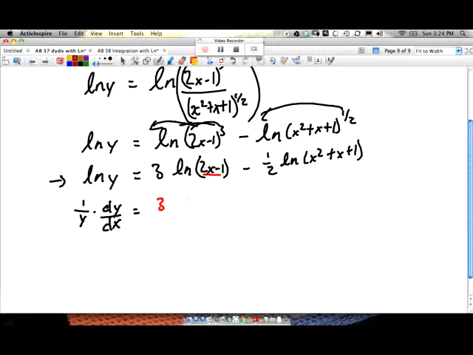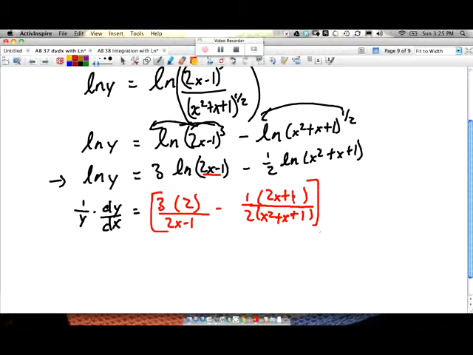The derivative of natural log of 2x minus 1 is going to have a 2x minus 1 on the bottom, and the derivative of that on top, which is 2, minus, now again we have more fractions, the 1/2. We're going to have the original on the bottom, x squared plus x plus 1. The u is on the bottom, 1 over u, times its derivative on top, 2x plus 1.